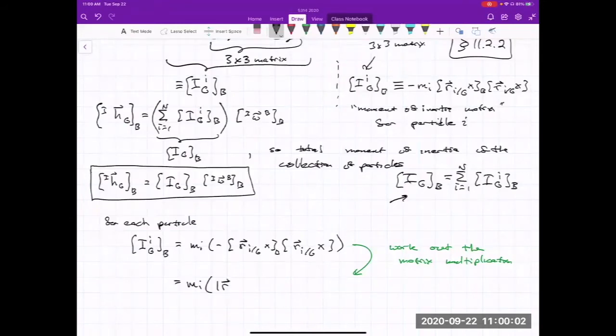Then we have the magnitude of r_iG squared times the 3x3 identity matrix minus r_iG in the B frame times r_iG in the B frame, and then this T, this is the transpose.